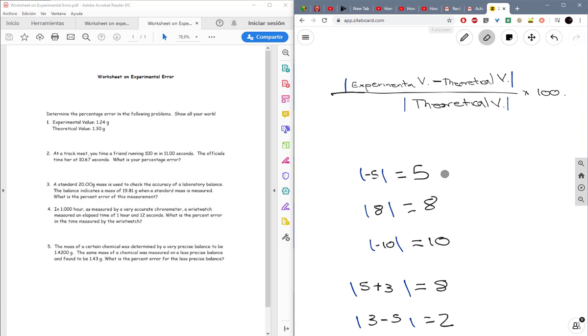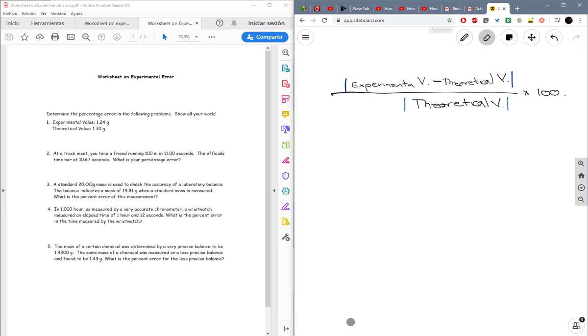Other important thing, let me erase this before I explain, is knowing what the experimental value and the theoretical value are. Because those are two different numbers in these problems that I am going to teach you how to recognize.